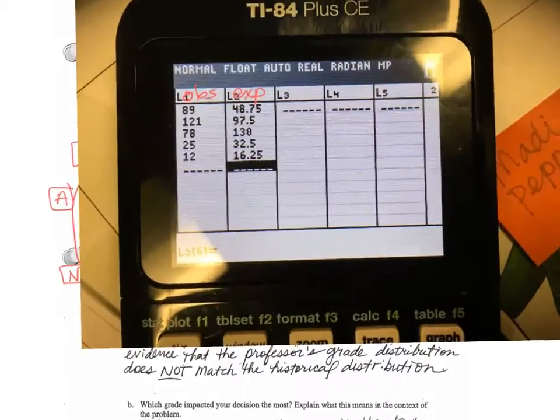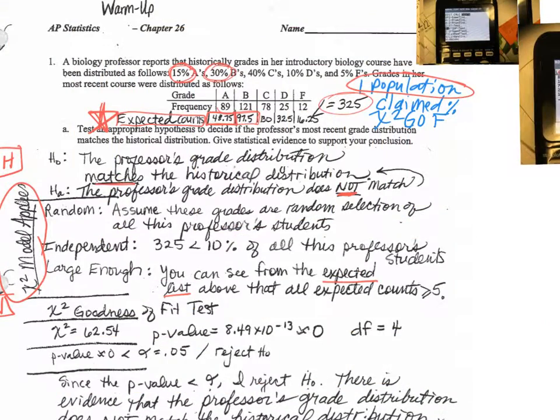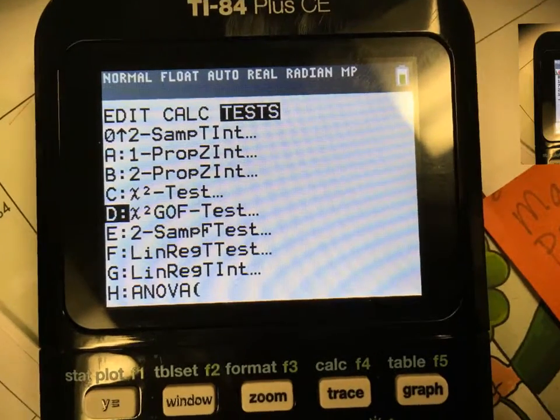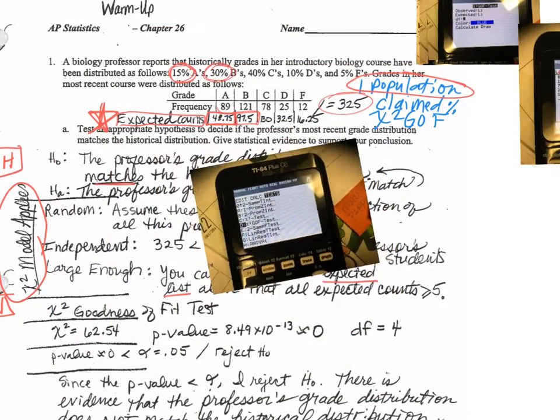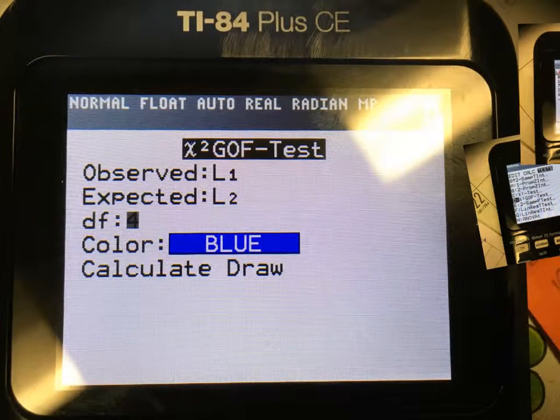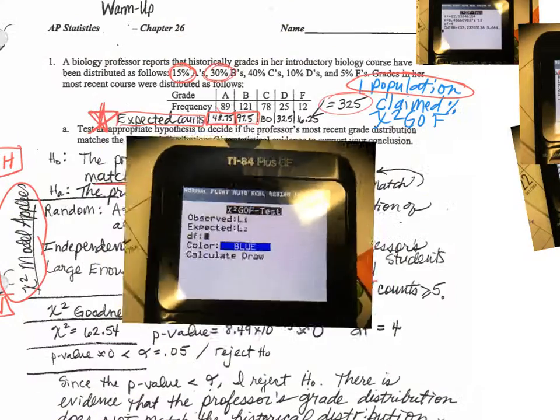Then in your calculator, you get the chi-squared goodness of fit, and upon doing that, you had to put in your degrees of freedom. How did you get your degrees of freedom? Categories minus 1. Good. So for this one population, categories minus 1.